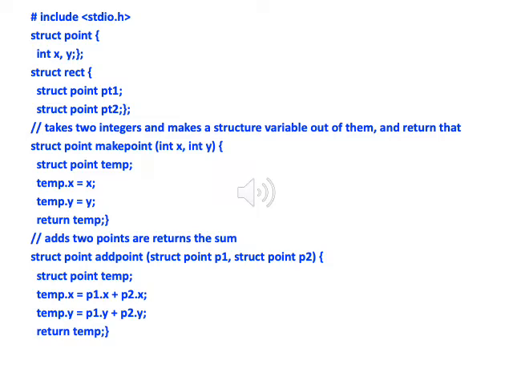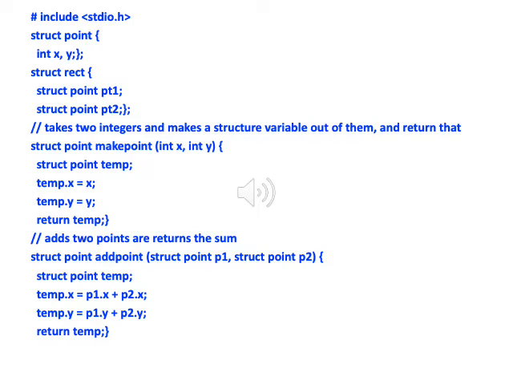Again, that depends on what kind of variable this function is returning, or more precisely, what is the data type of the variable that it is returning. The data type is struct point. So that becomes the return type for this function. So we have struct point, make point, and the arguments are int x and int y.